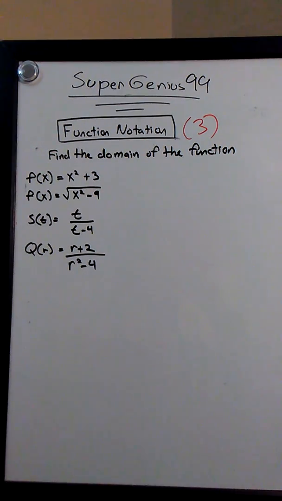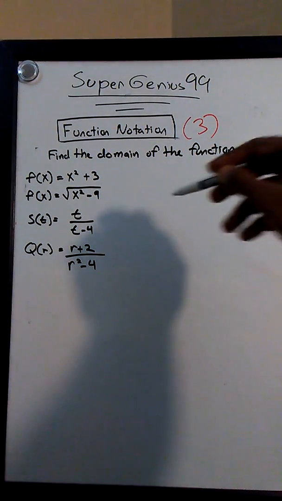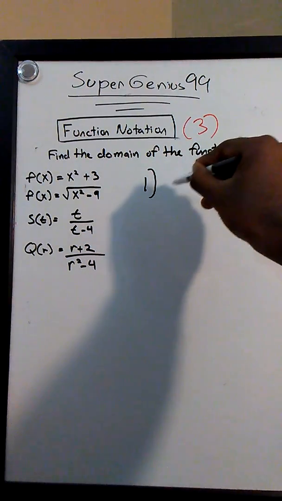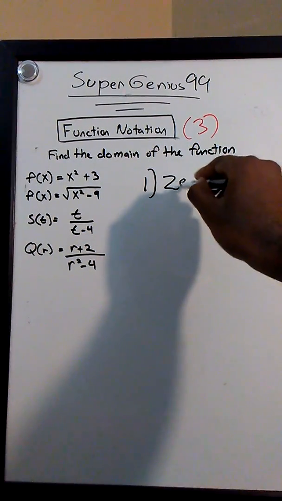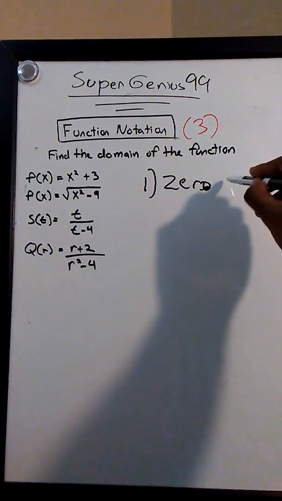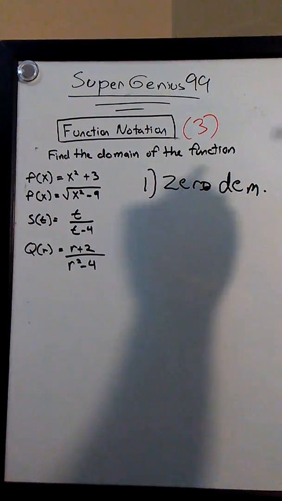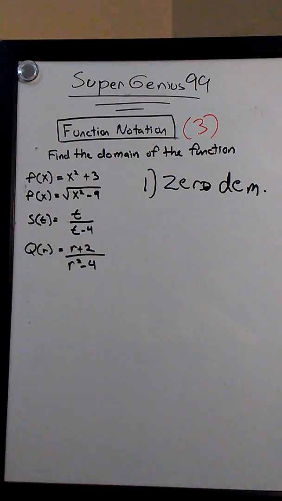There are usually two primary cases where it's undefined or not a real number. One of them is a 0 in your denominator. We can't have 0 in our denominators because that'll make our function undefined.